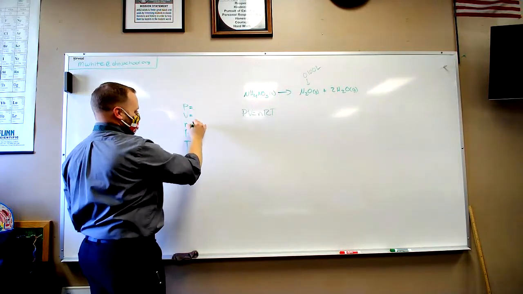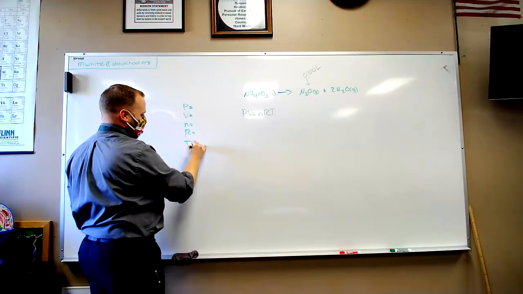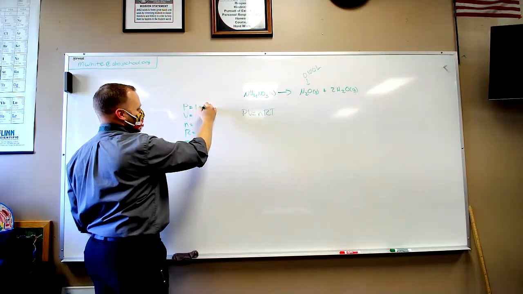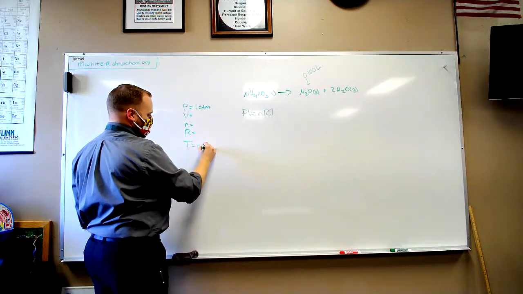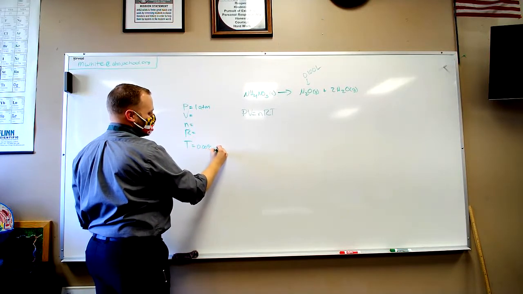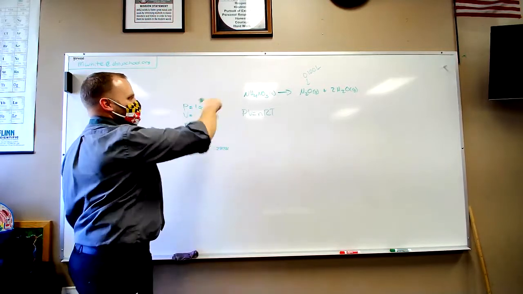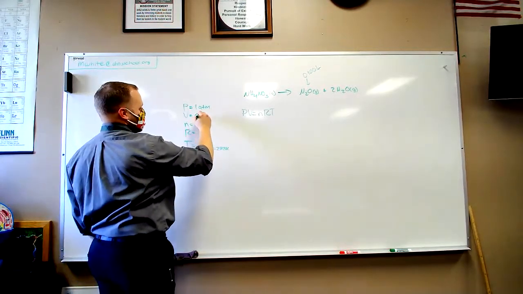So since we have STP, we know that we have 1 atmosphere and 0 degrees Celsius, which is 273 Kelvin. We know we have that volume.